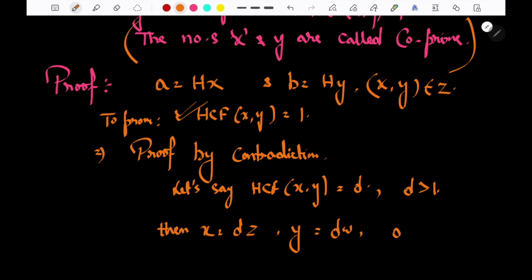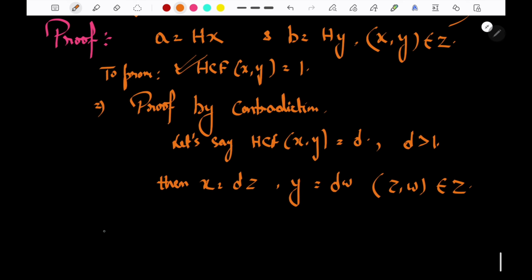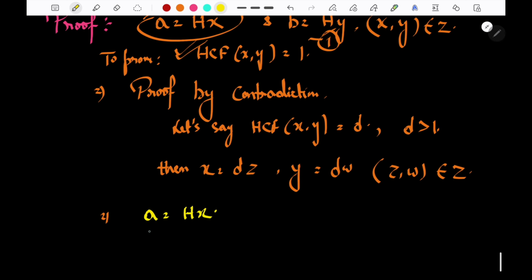Again here z and w are integers that belong to the set of integers. Now a is equal to hx, so let's say this is equation first. If a is equal to h of x and x is equal to dz, which implies a is equal to hdz. Again b is equal to h of y, which is again equal to hdw.